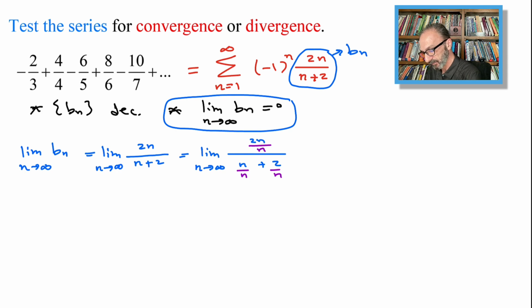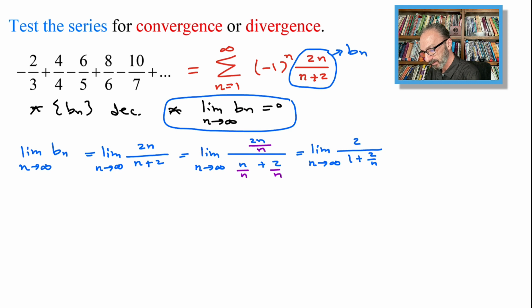And here we go. So we have the limit as n approaches infinity of 2n over n, which is 2, over n over n, which is 1, plus 2 over n.